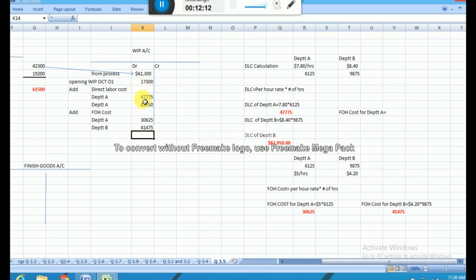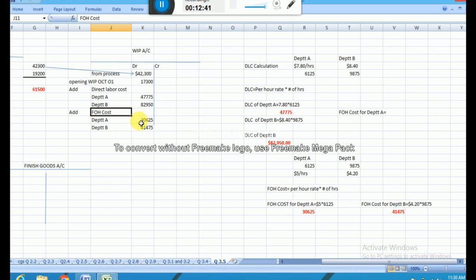In department A the direct labor cost is 47,775, and in department B the direct labor cost is 82,950.